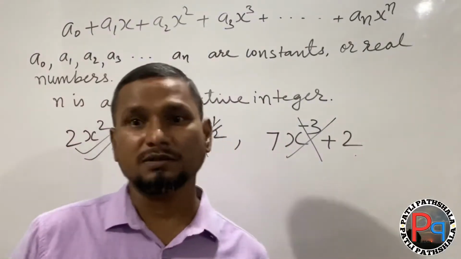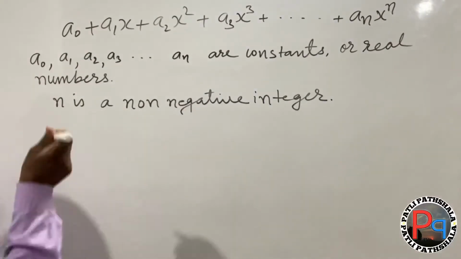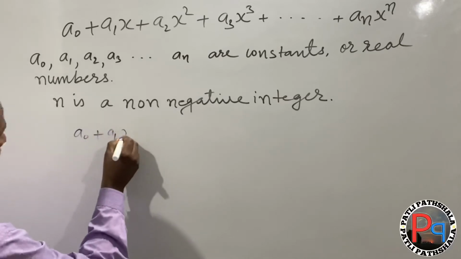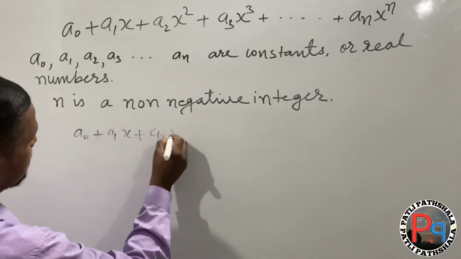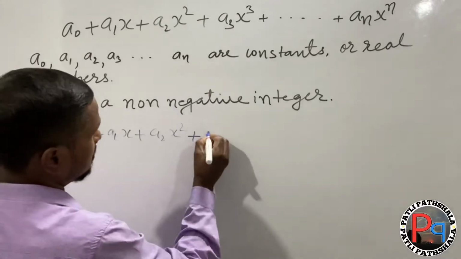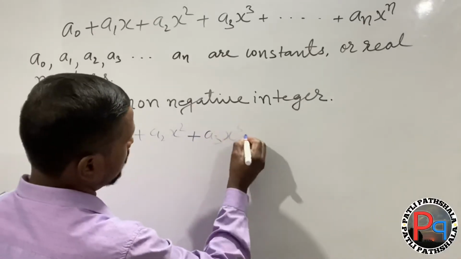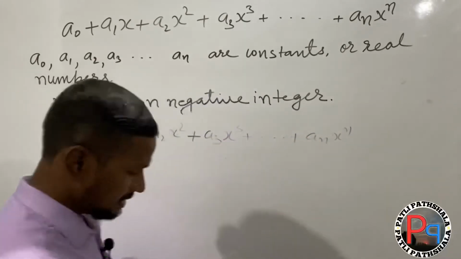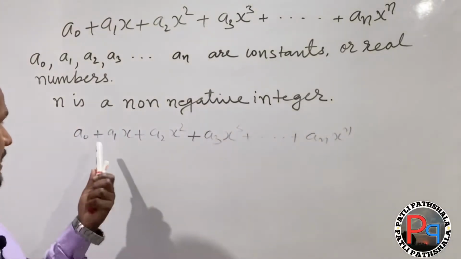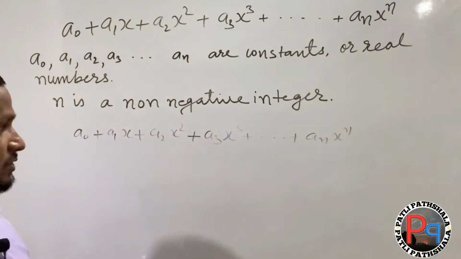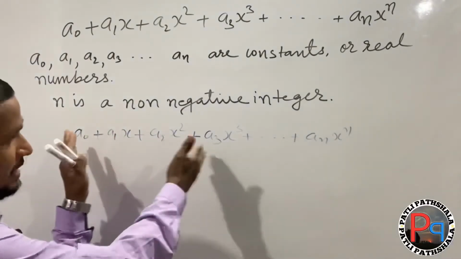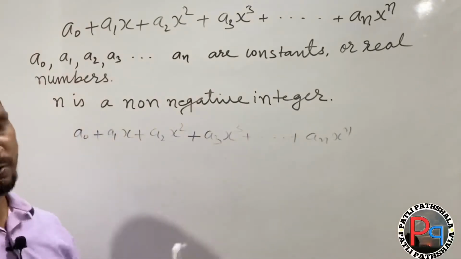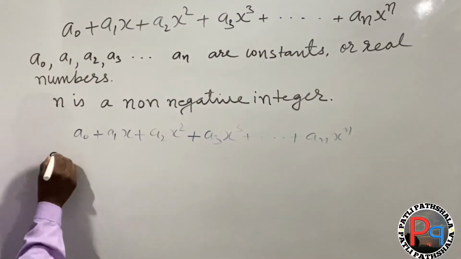How do we represent a polynomial? Suppose this is a polynomial, a0 plus a1x plus a2x square plus a3x cube and so on, an x to the power n. In this polynomial, x is the variable. Therefore we say that this algebraic expression is a polynomial in variable x, and we represent this polynomial as p(x).